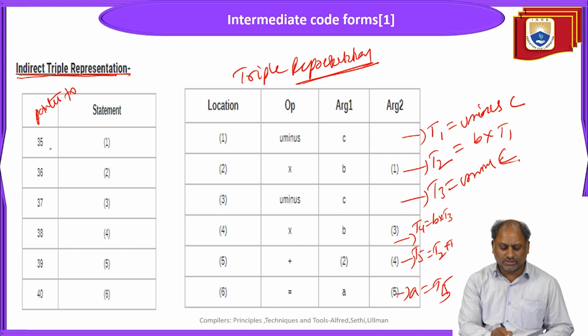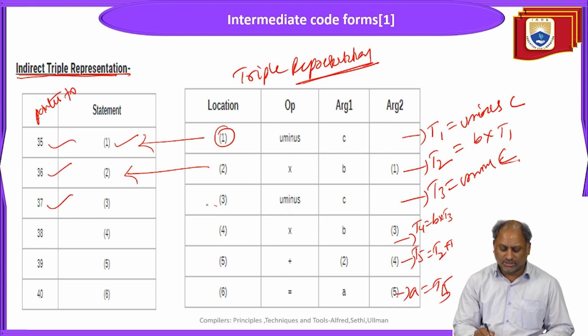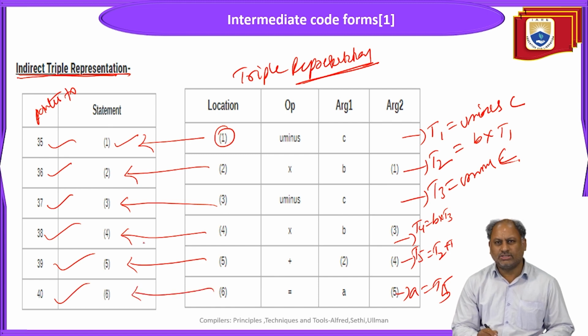Here in the pointers, the first statement is to be represented, and the second statement is a pointer to address location 36, location 37, this 3, and 38, location 4, 39, 5, 40, and so on. So we are going to write memory location addresses with all the references of the instruction with the pointers, so that it automatically gives a reference to that particular instruction and goes to the particular location, verifies the result, performs the operation, and once again retraces that.